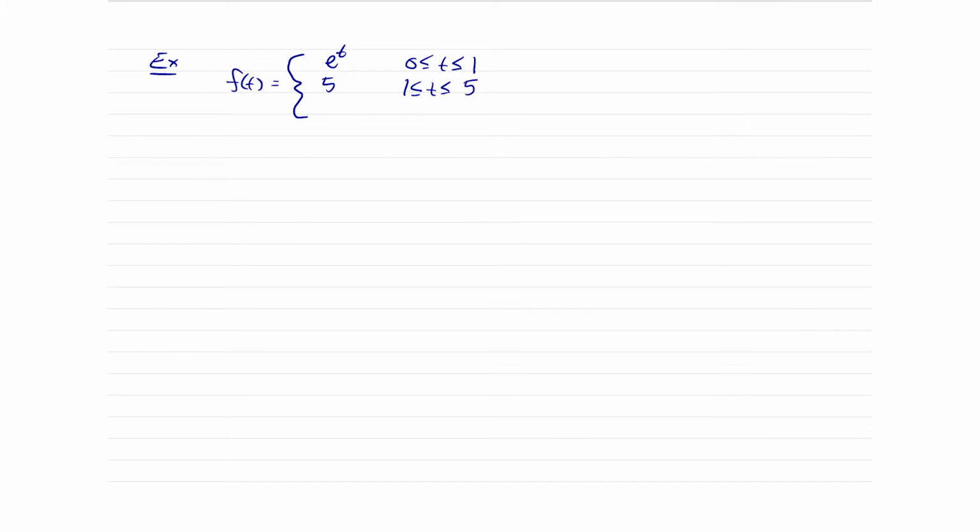And then wrap it up with something like t minus 5 for t greater than 5. Okay, so what does this look like? Well, we can graph that really quick. So e to the t for 0 to 1.